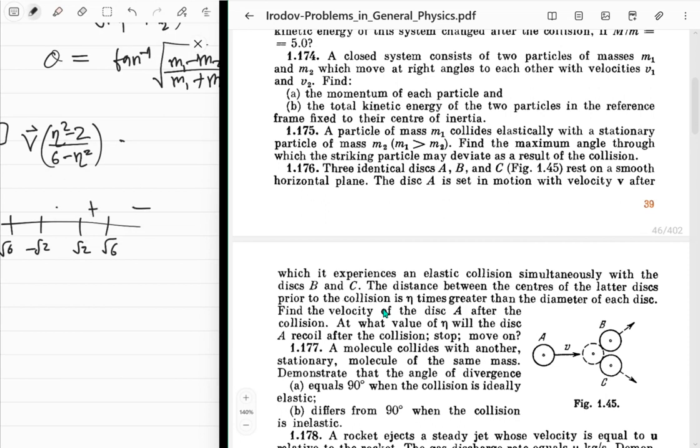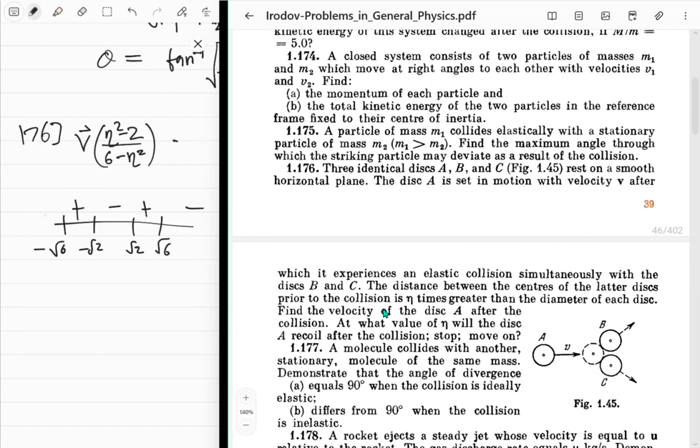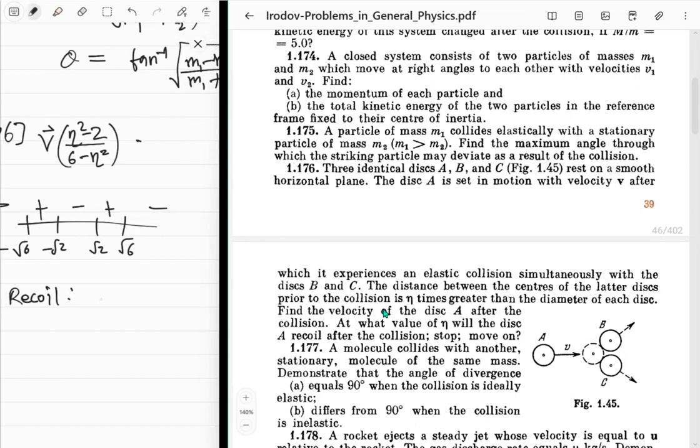So positive right here, negative here, positive here, negative here. I guess that makes sense, right? Okay, and what we want is, first of all, when will it recoil? So for recoiling, eta should belong to, it's weird that it's 3 different ranges, which, yeah, why? Huh.